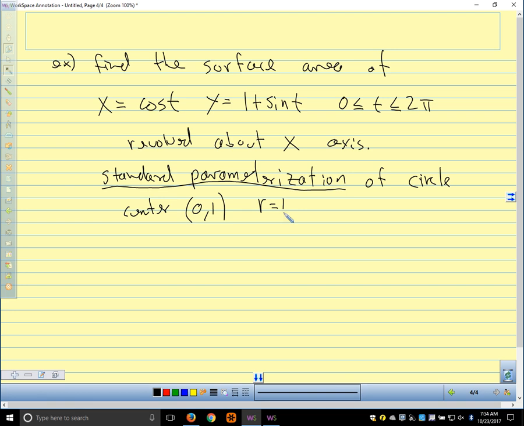Especially next semester, not so much this semester, we will get very familiar with these various standard parameterizations, and you'll look at that and say, oh, that's a circle, shifted up 1.